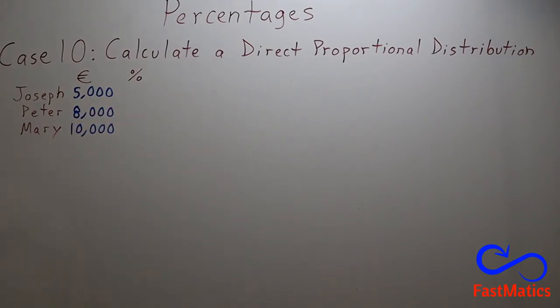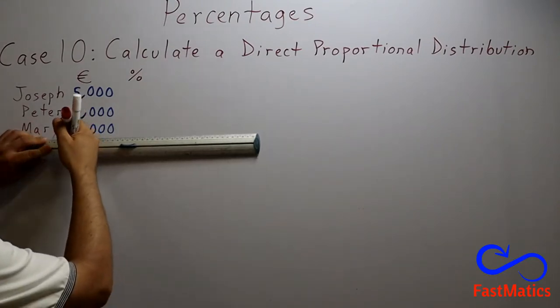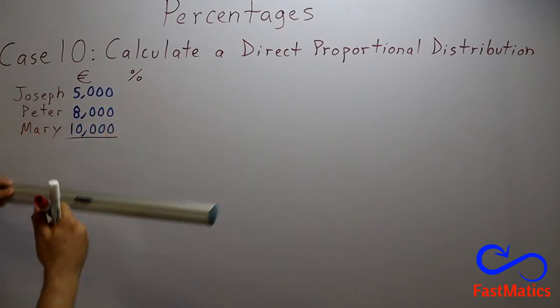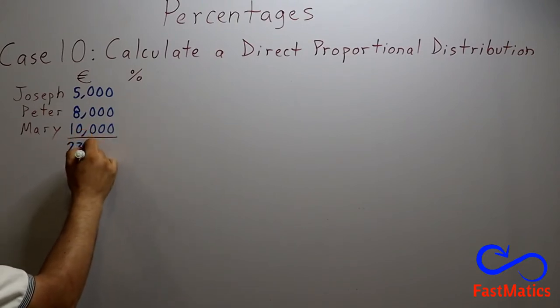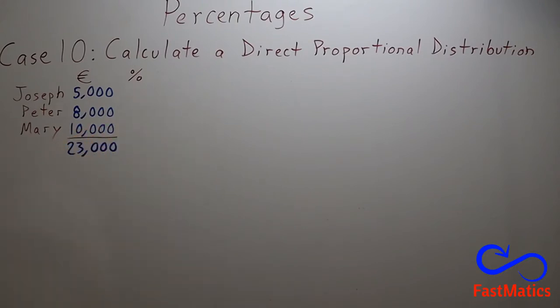Always, when you are solving a direct proportional distribution problem, you have to add those quantities. Remember, it is very, very important. So here, 5,000 plus 8,000 plus 10,000 means 23,000 euros.